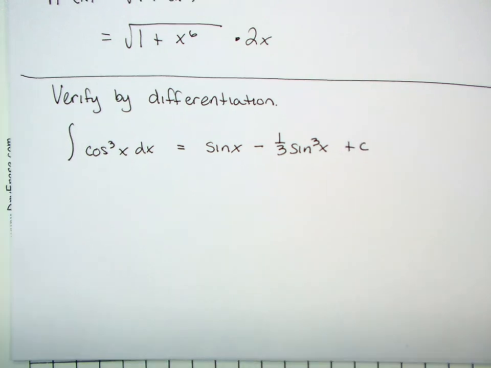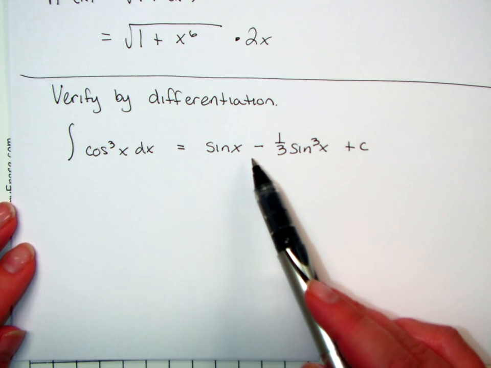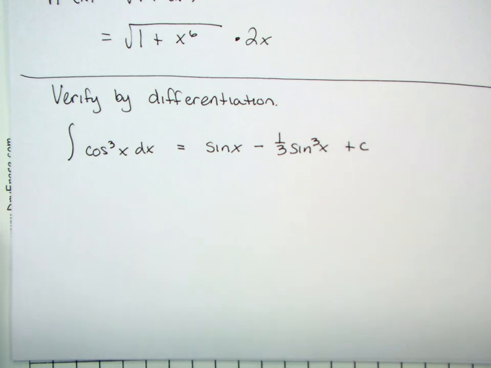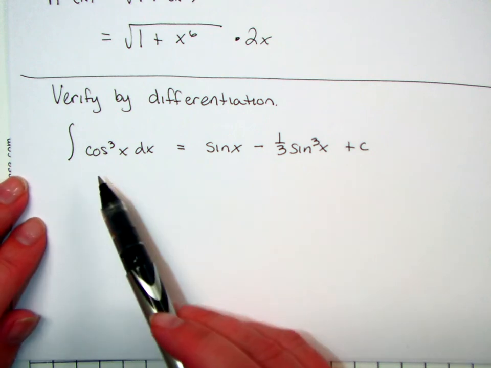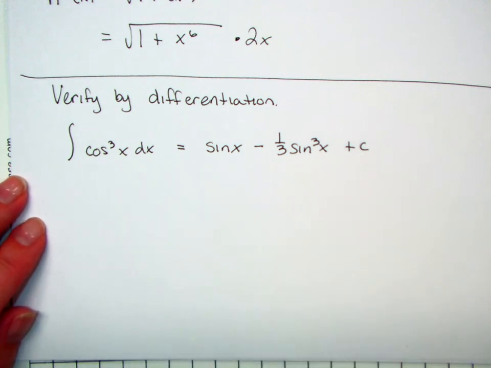All right, so we want to prove that this is true. Okay, we want to prove that the integral of cosine cubed x dx is equal to sine x minus 1/3 sine cubed x plus c. So when it says verify by differentiation, we just want to take the derivative of both sides.